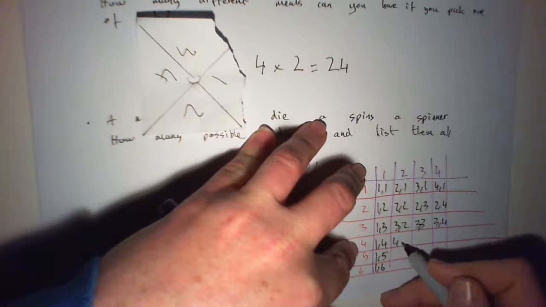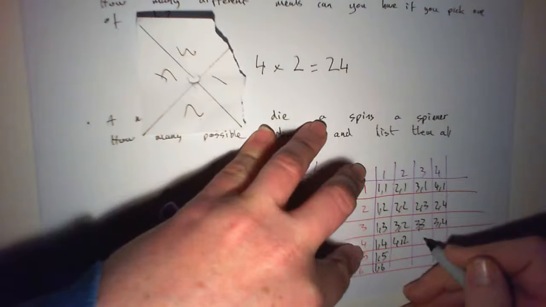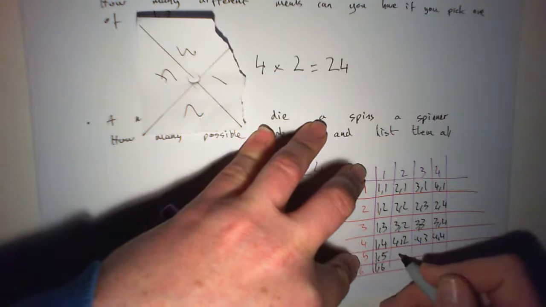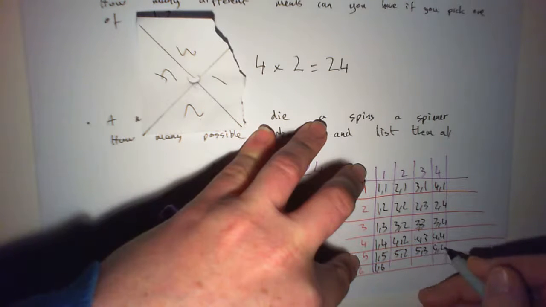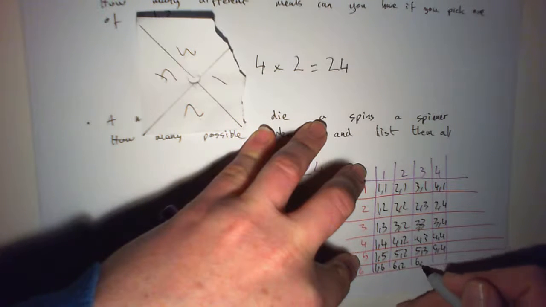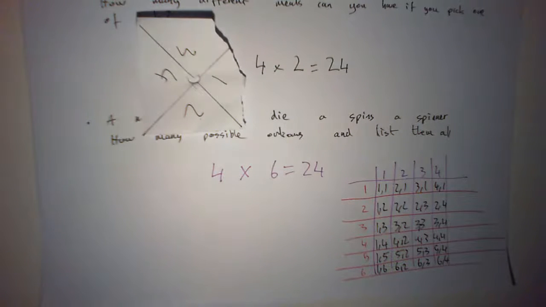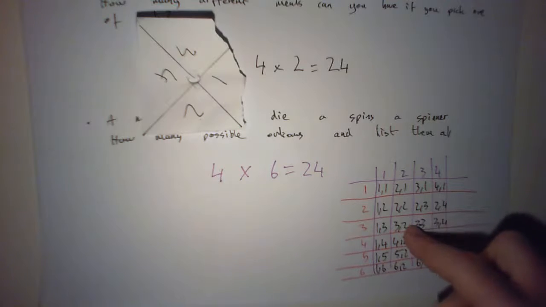What's this one? 4, 2. 4, 3, 4, 4. 5, 2, 5, 3, 5, 4, 6, 2, 6, 3, 6, 4. Okay. It looks a bit tedious, but you're getting really good practice, because when we come on to probability, knowing this set of outcomes will be very handy. Trust me.